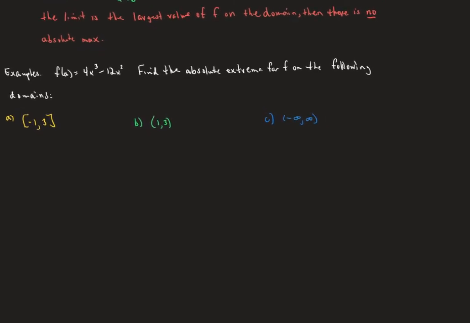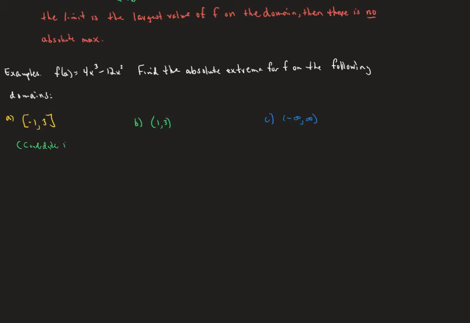So here's our function, f of x equals 4x cubed minus 2x squared. And we're going to look for absolute extrema. That's what we call absolute max and mins, absolute extrema. So the first example, the yellow one, we have a closed interval domain. So that means we can just use our candidate test. Okay?